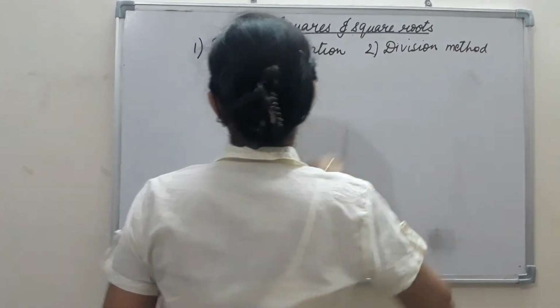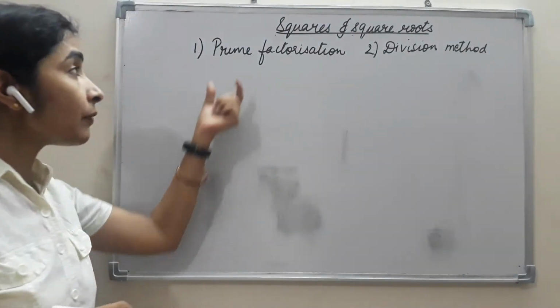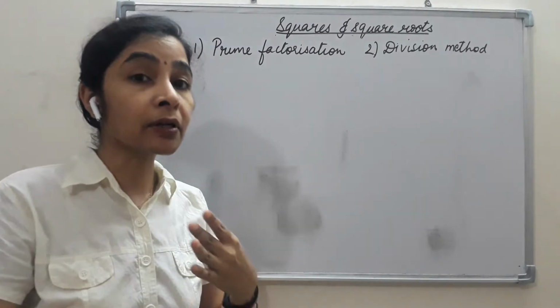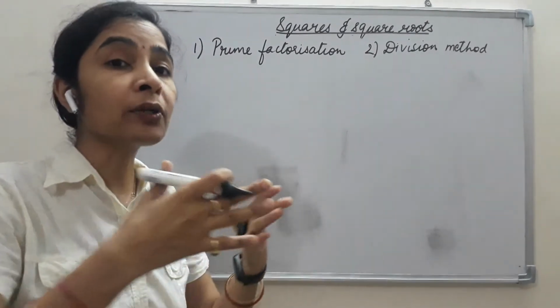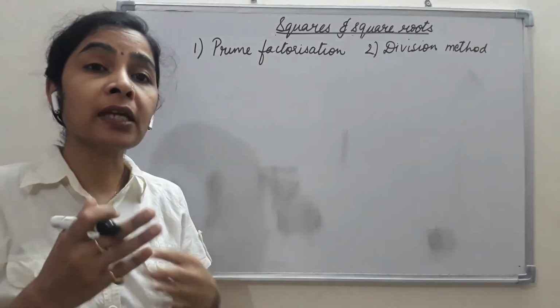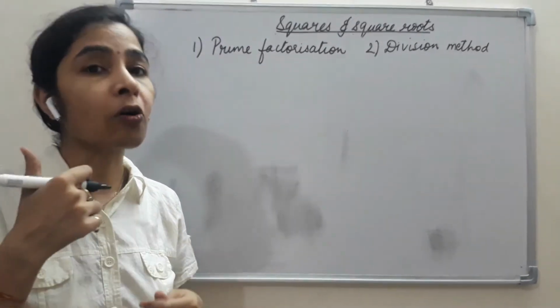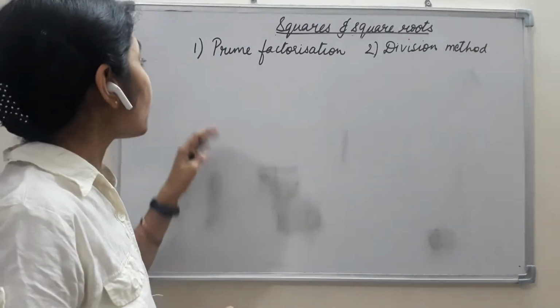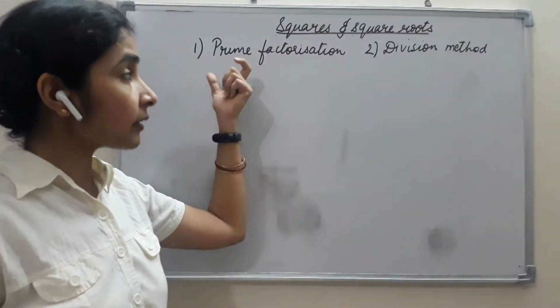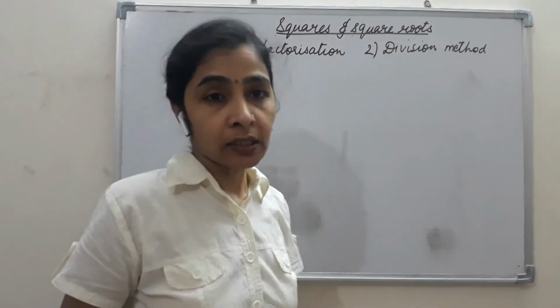prime factorization method. Prime factorization means we split the given number into prime numbers, into its prime factors. Prime numbers are those which are divisible only by itself or by 1. So the first method of finding the square root is the prime factorization method, and the other is the division method.